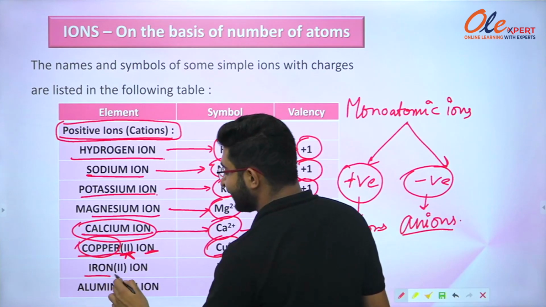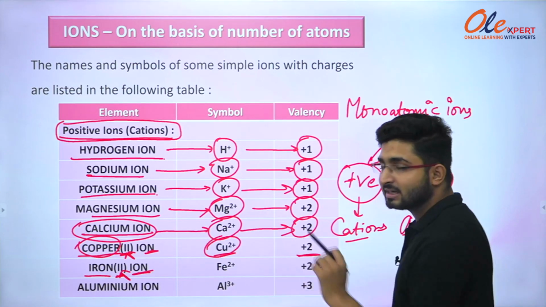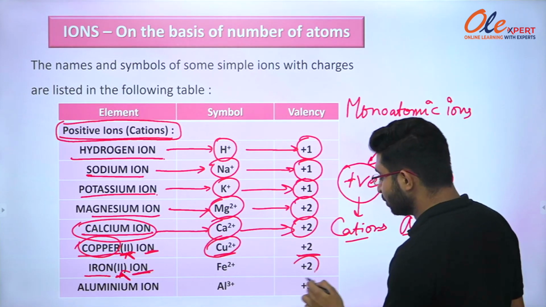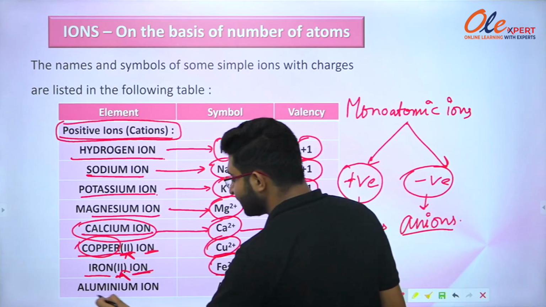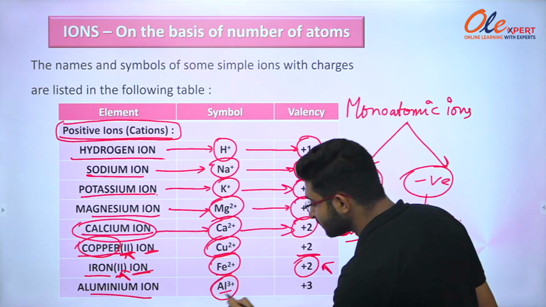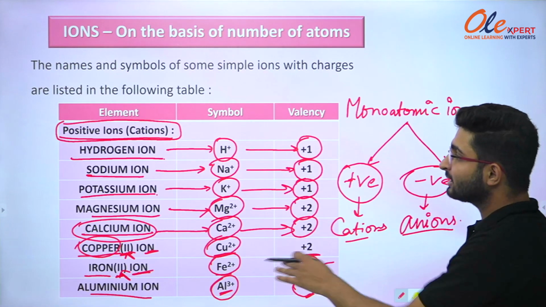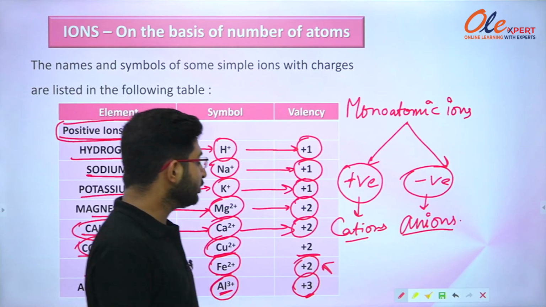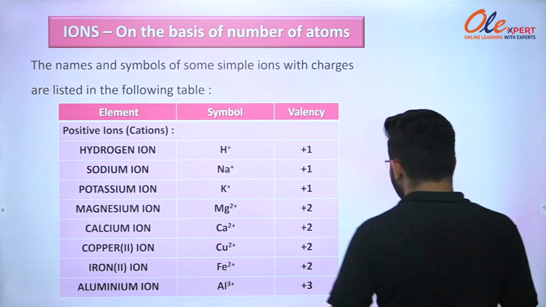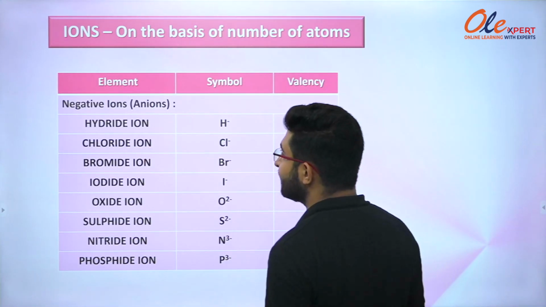The next one is iron(II) ion, that means valency 2, so +2 and the symbol is Fe2+. Aluminium ion is stated by the symbol Al3+ and the valency is +3. So these are the positive monoatomic ions. Now we are going to move further with the monoatomic ions in the negative form. You can see anions over here.